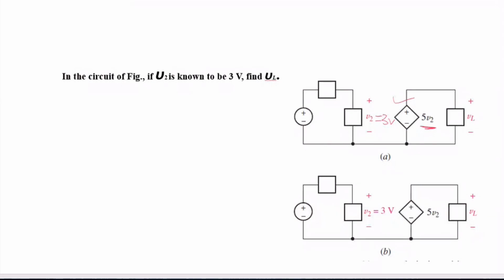And here they are asking what is the VL value. Since these two are connected in parallel, the voltage across this source will be the same as the voltage across this element.